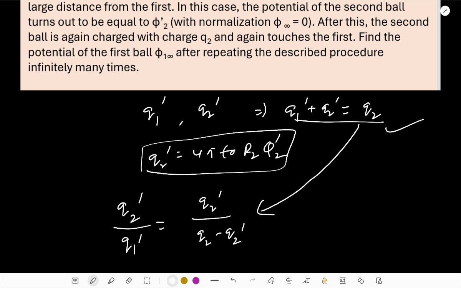It is going to be repeated, because when metal balls come into contact, their charge is distributed proportionally to their surface area.